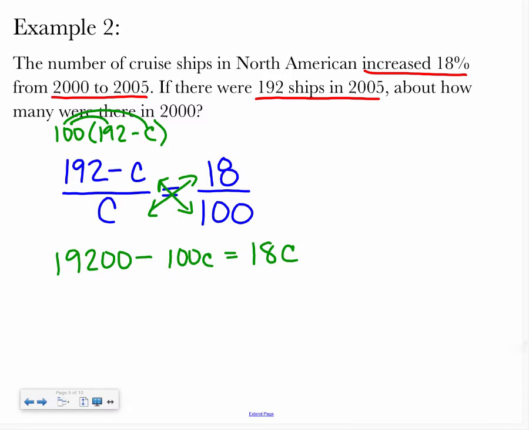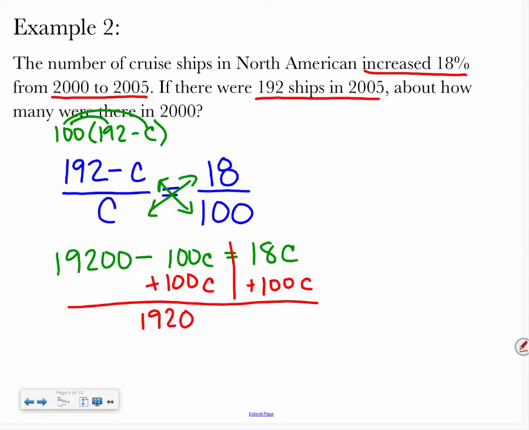If I keep going from there, I want to get my variable on one side. So I have a minus 100C on the left side, so I'm going to add that in order to get a positive variable. So I have 19,200 equals 118C.